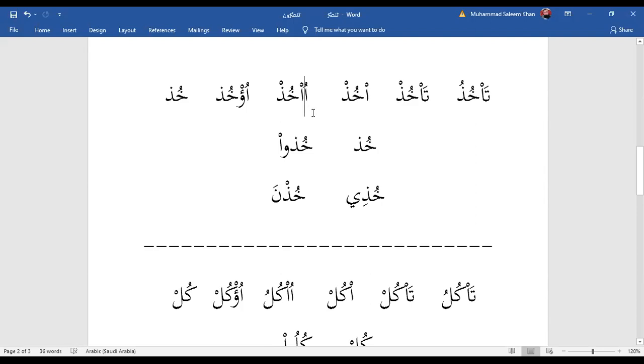Why does it take dhamma? Because of the second root. So the second root letter has dhamma. Okay, now we know that waw and dhamma are compatible, as they say waw is the sister of dhamma. So that's why it's not possible to read it as ukhud. So what happened over there?